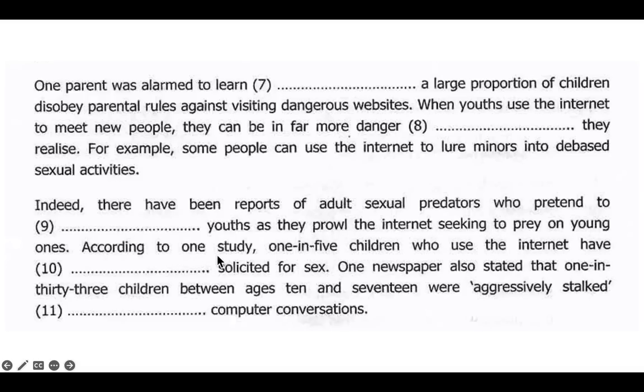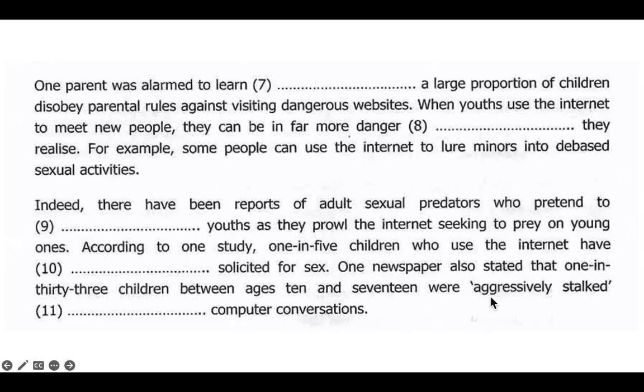According to one study, 1 in 5 children who use the internet have been solicited for sex. So we can say have been solicited for sex. One newspaper also stated that 1 in 33 children between ages of 10 and 17 were aggressively stalked dash computer conversations.